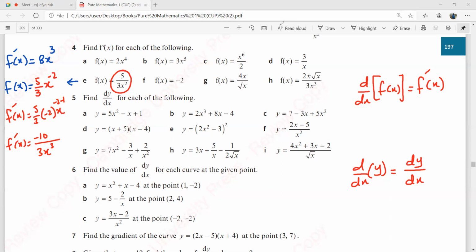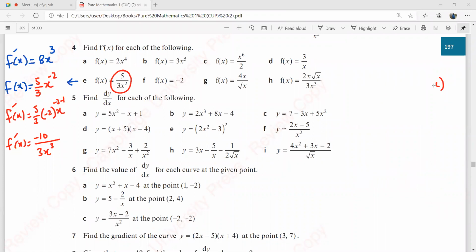Okay, let me take you to the h part. If you look at this h part, I'll not be differentiating this right now. I would rather write this in the form where I can differentiate it easily. So I'll keep writing f of x because I'm not differentiating right now. I would write it as 2 over 3.